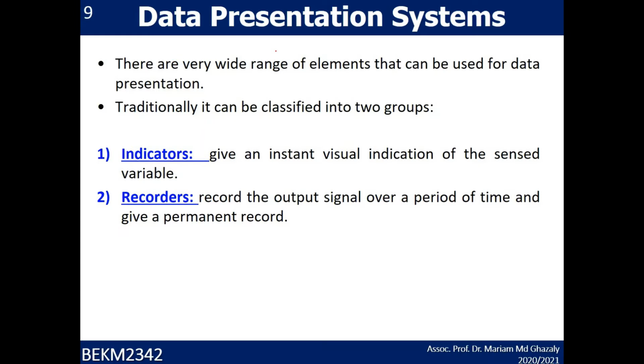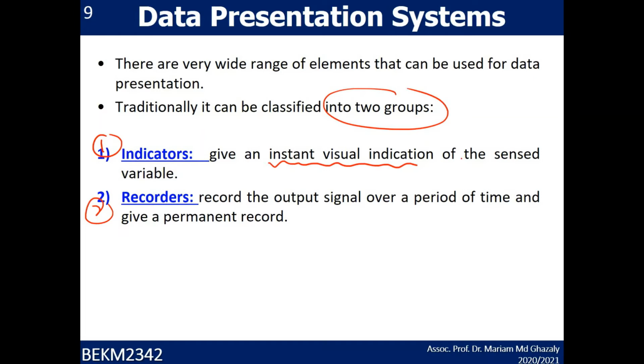So for the data presentation system, there is a wide range of elements that can be used for data presentation, but traditionally it is divided into two groups: the first is indicators and the second is recorders. An indicator directly gives an instant visual indication of the sensed variable.